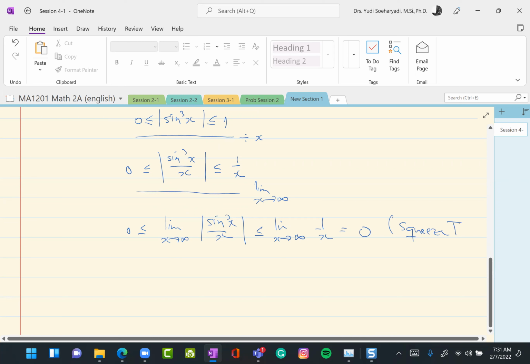So this limit here is squeezed between 0 and 0, so this should be 0.